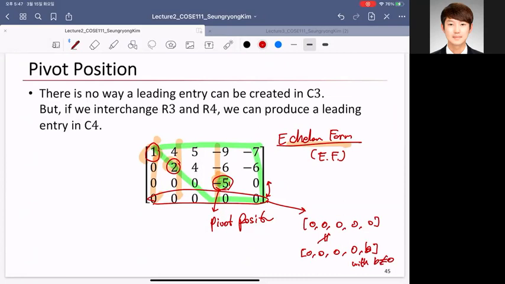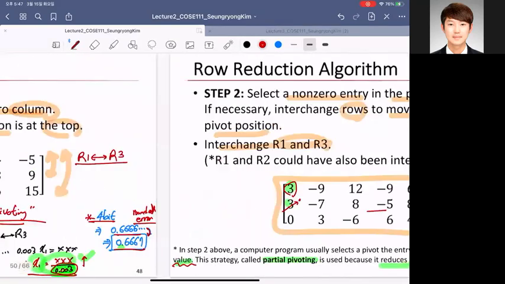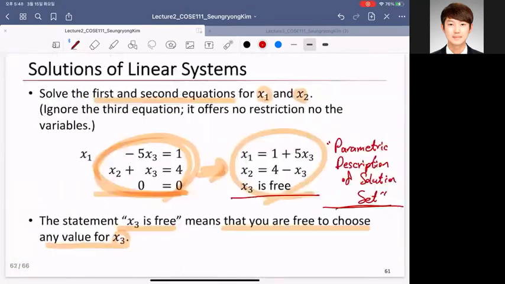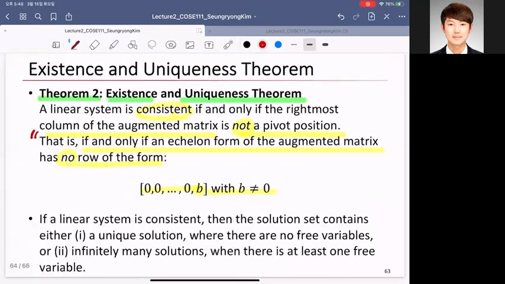So in this case, we can say that this system has a solution. Right? It's very, very easy and straightforward. So if and only if the echelon form of the augmented matrix has no rows of the form 0, 0, 0, 0, 0, b with b not equal to 0, then we can say that it has a solution and the system is consistent.